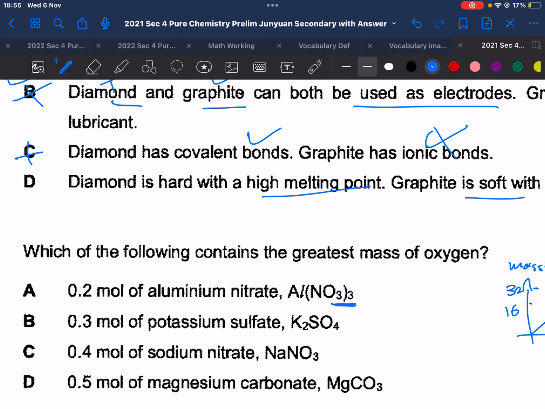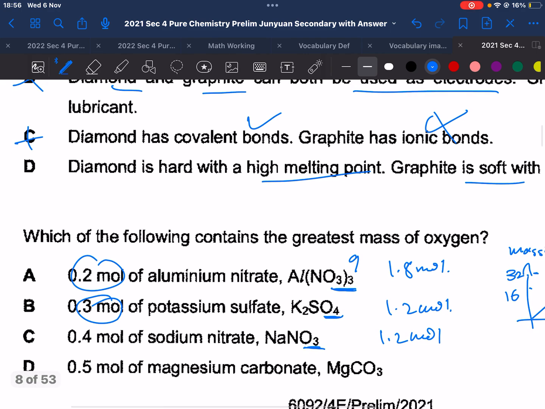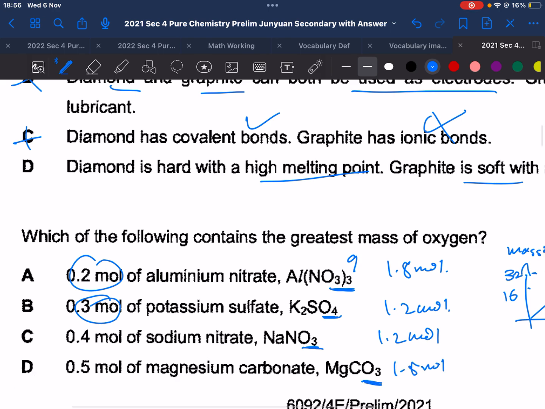Inside here there are 9 oxygen atoms in one molecule, so in total there are 1.8 moles of oxygen in this amount of aluminum nitrate. Potassium sulfate, there are 4 atoms in one molecule, so there will be 1.2 mole in this amount of potassium sulfate. Sodium nitrate actually has 3 oxygen atoms in one molecule, so there will be 1.2 mole. 0.5 mole of magnesium carbonate actually has 1.5 mole because there are 3 atoms each, so I take 3 times 0.5.